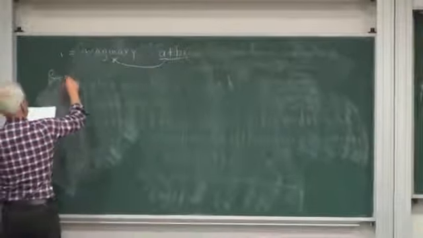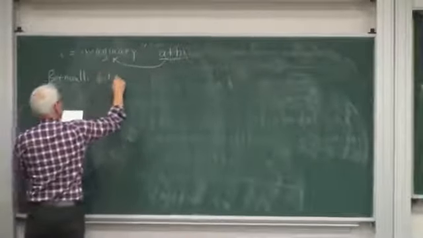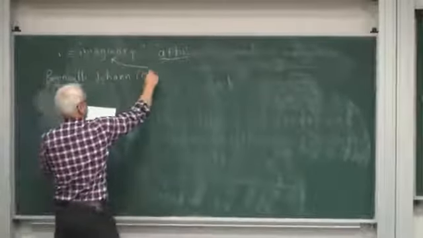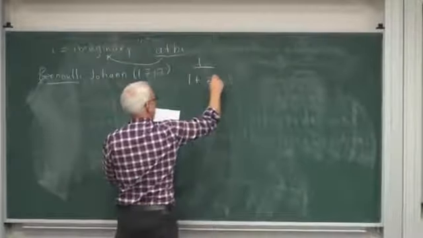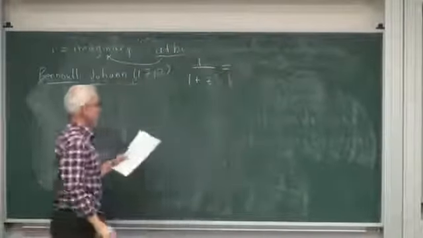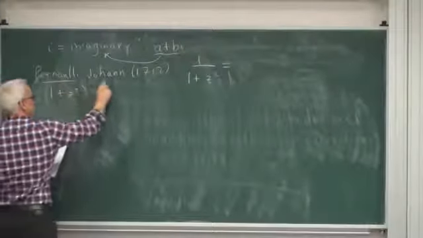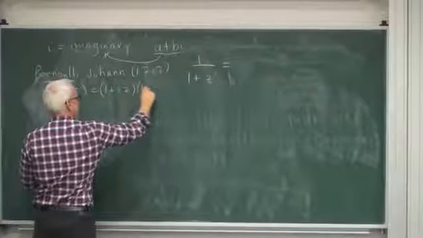One is the work of one of the Bernoulli brothers, Johann, who in 1712 realized that you could factor, first of all, 1 plus z squared. 1 plus z squared could be factored as 1 plus iz times 1 minus iz.